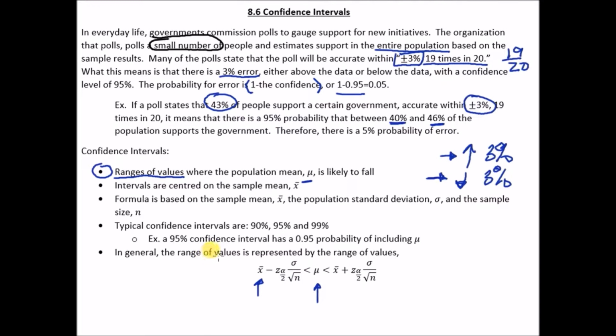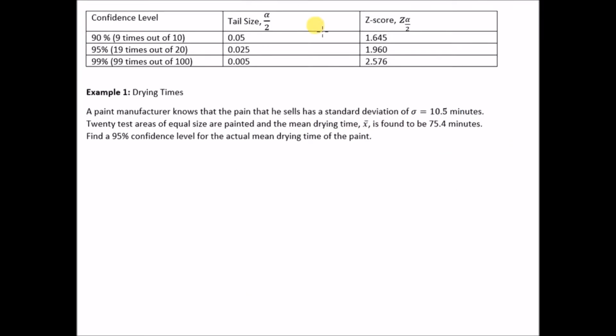For example, a 95% confidence interval has a 0.95 probability of including mu. In general, the range of values is represented by this range right here. Keep this equation in mind when we compute. For confidence levels, 9 times out of 10, 19 times out of 20, or 99 times out of 100 are the three we'll use the most.